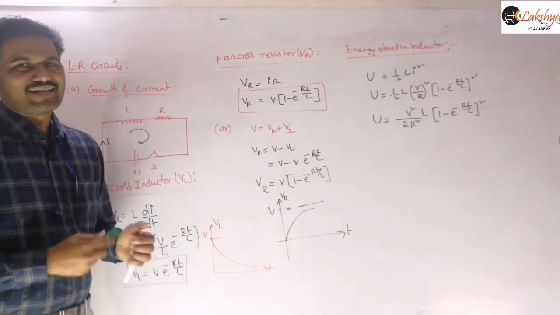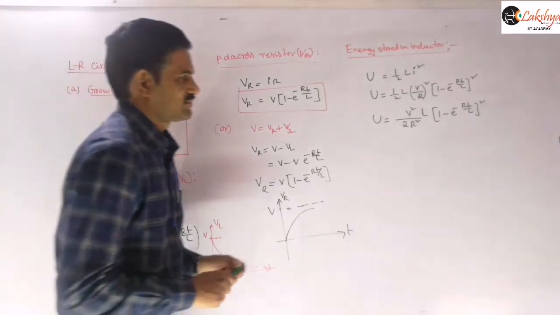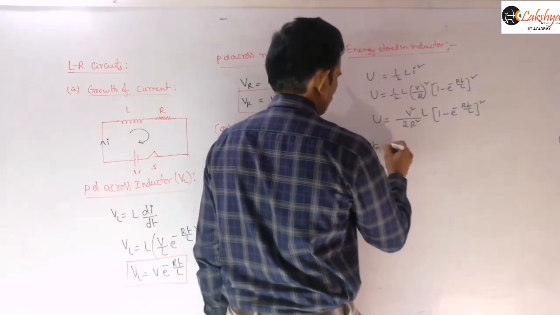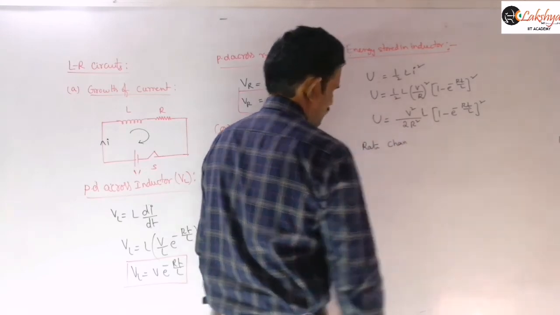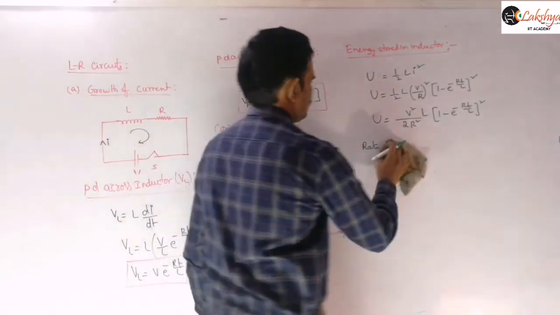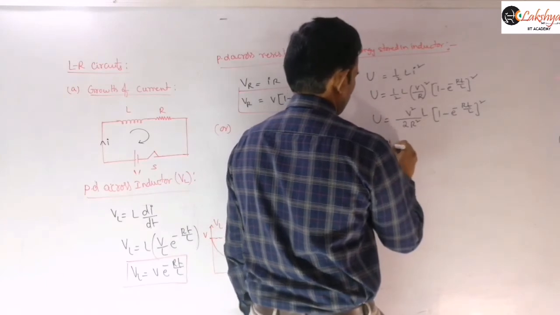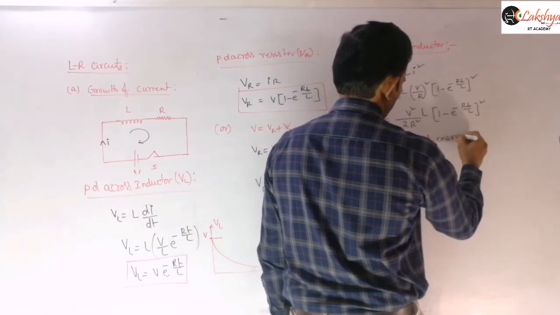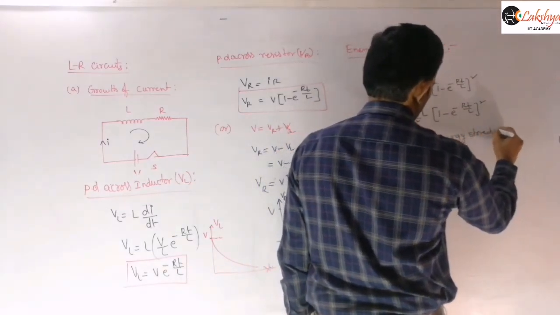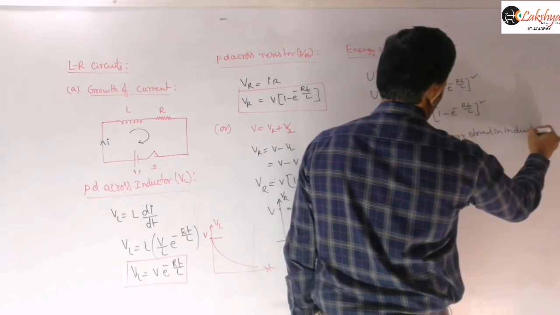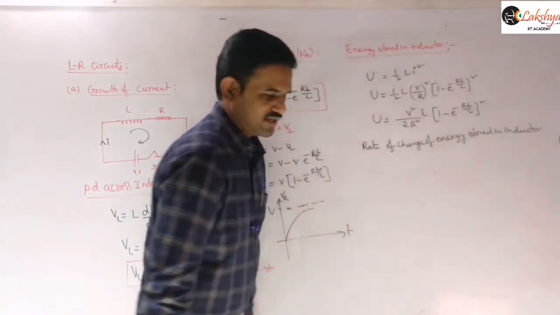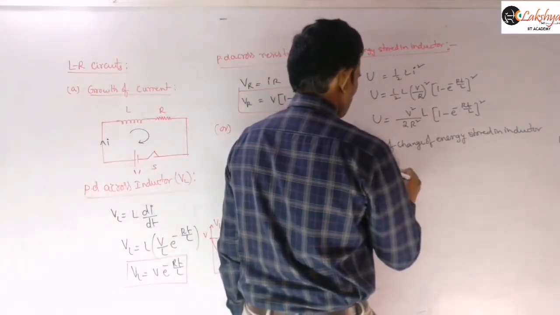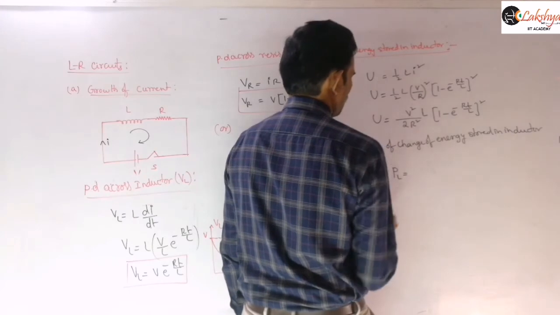Now if I ask the rate of energy supplied to that inductor, that means the rate of change of energy. They will also mention this as the rate at which energy is supplied to the inductor. I am taking it as power, the power supplied to the inductor.